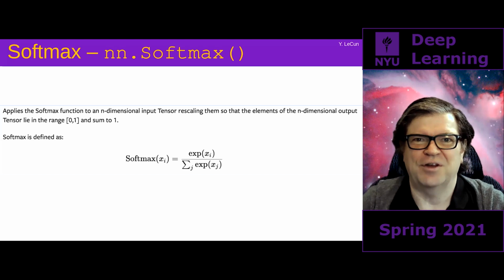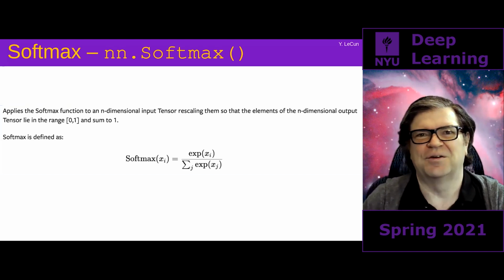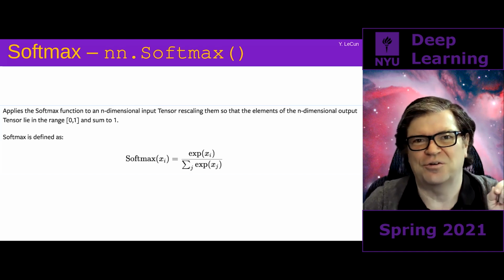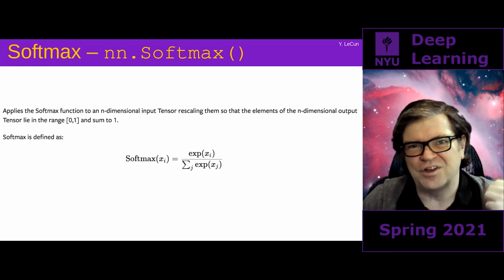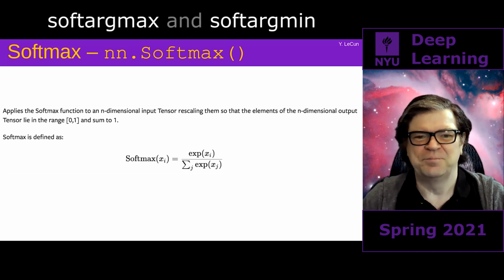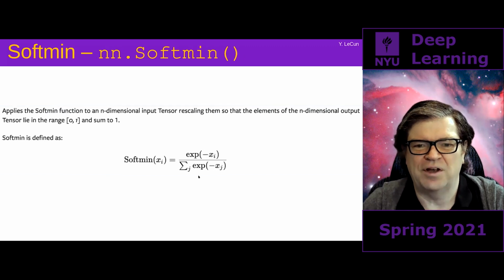It's really not a good name for that, but in fact, the inventor of that technique in the context of neural nets is a guy called John Bridle, and he regretted calling them softmax and softmin. He said I should have called them argsoftmax and argsoftmin.